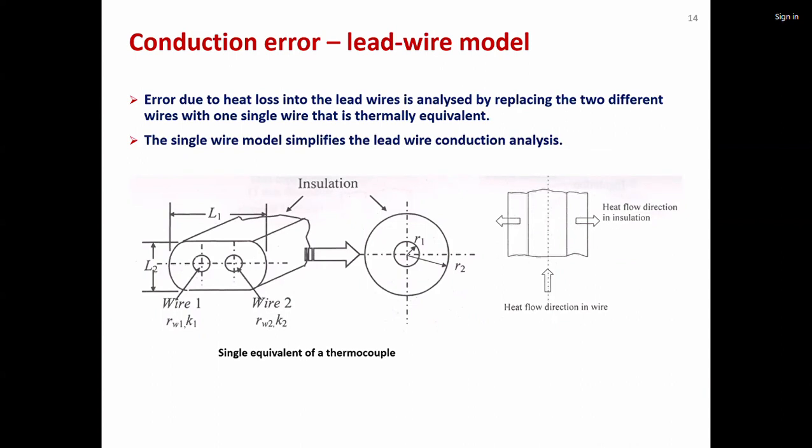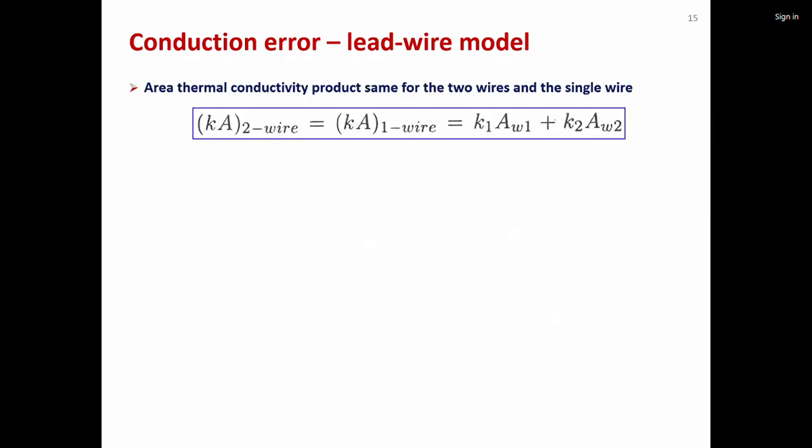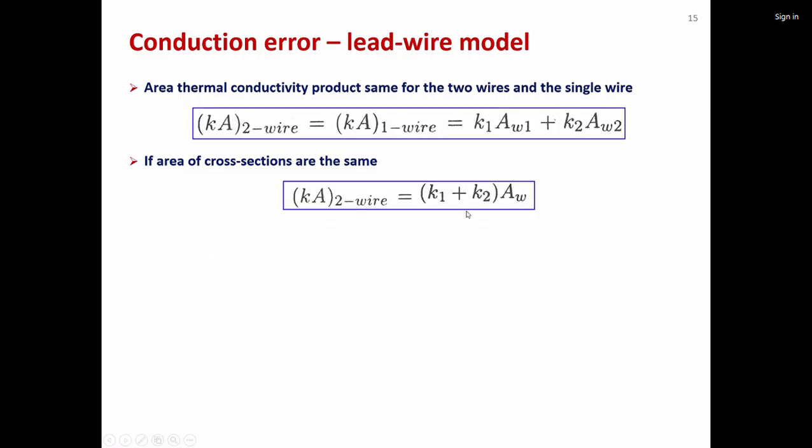Then we said that if you want to build a thermal equivalent of these two different wires, the thermal conductivity times area of the single wire is K1 AW1 plus K2 AW2. And if the wires have the same cross-sectional area, it is going to be K1 plus K2 into AW.